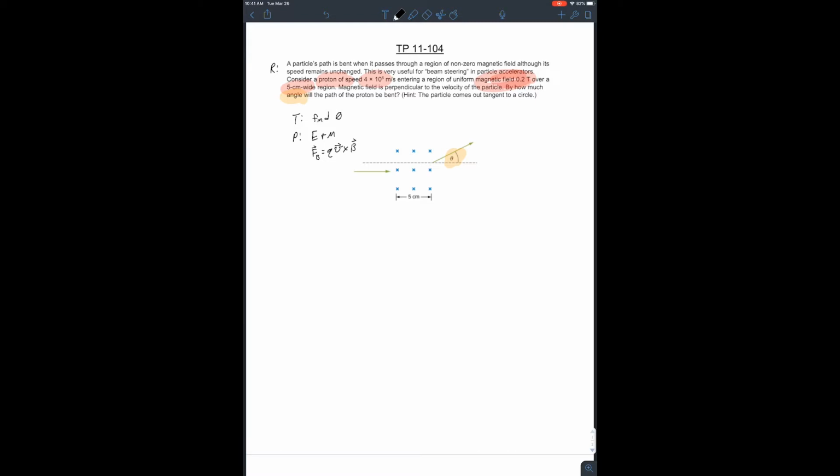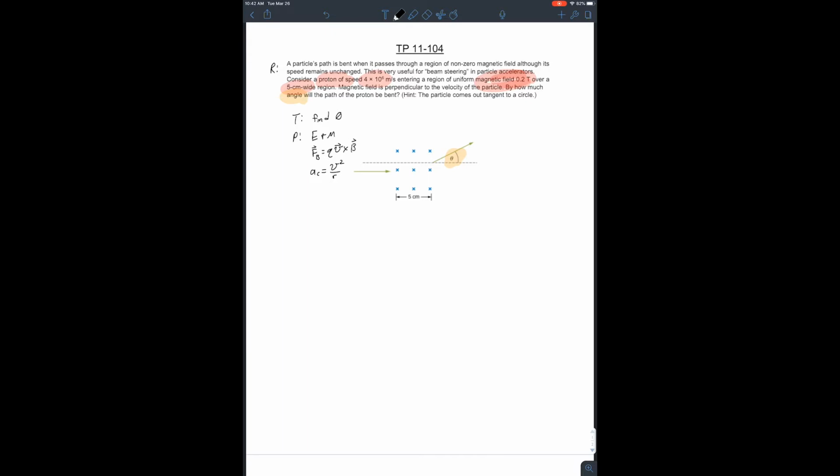We're just going to be changing its direction. And if you recall back to block 1, when an object's speed remains constant but its direction is constantly changing, we can describe it as being a uniform circular motion. And with that, we have the centripetal acceleration is equal to the speed squared over the radius of curvature. And we'll be able to use that to help solve this problem.